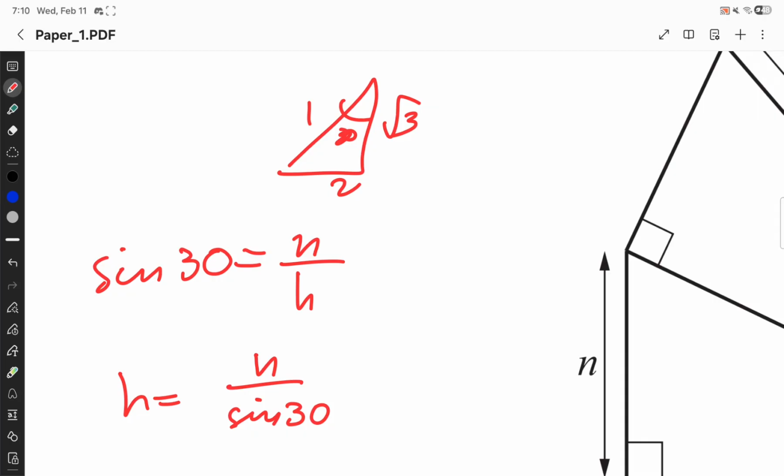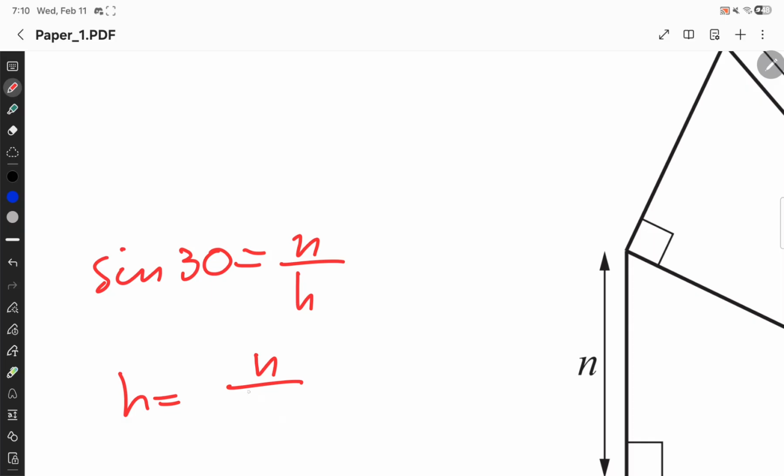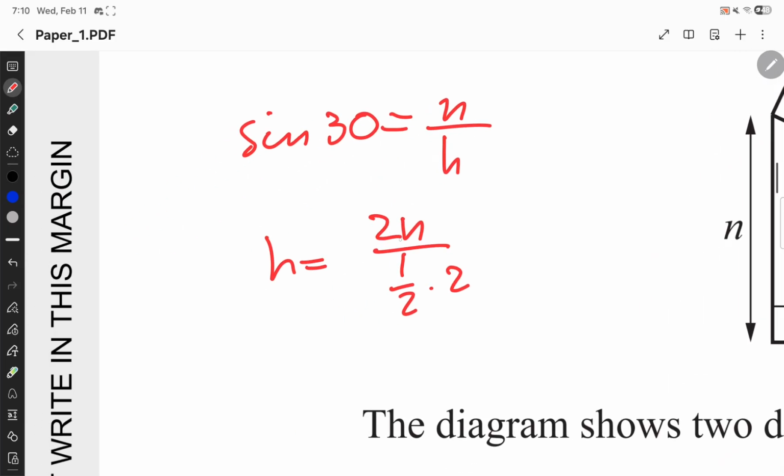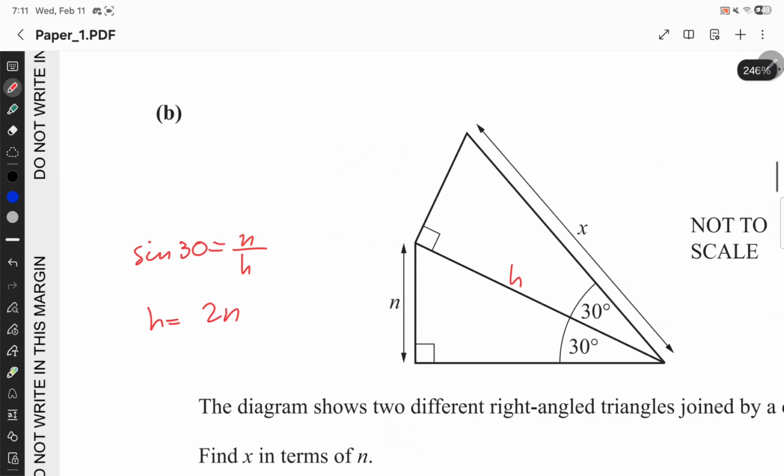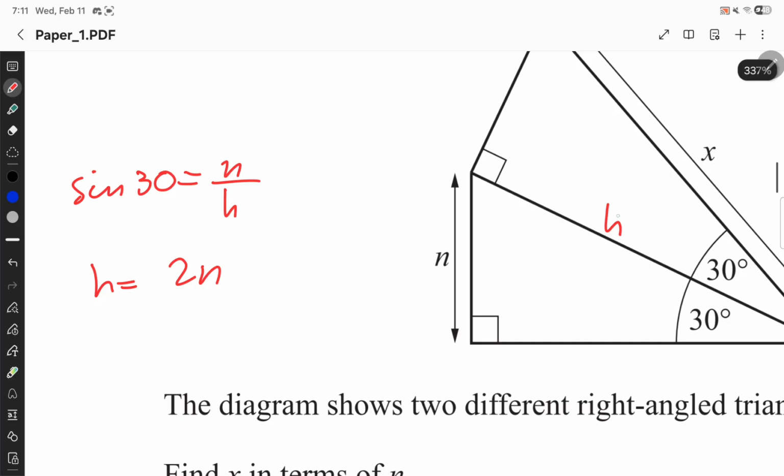No, this is a half. Okay, this is a half. Oh my god, this is so embarrassing. This is a half, this is a 2, this is a 2, this is a 1, and this is 2n. So this is 2n. Nice. Like so. 2n. Very simple.